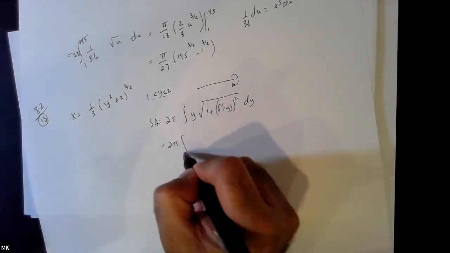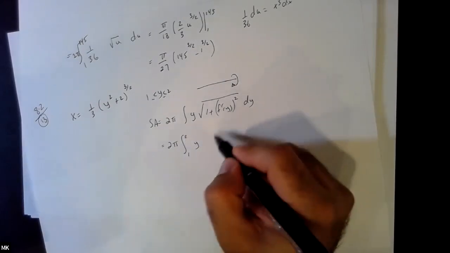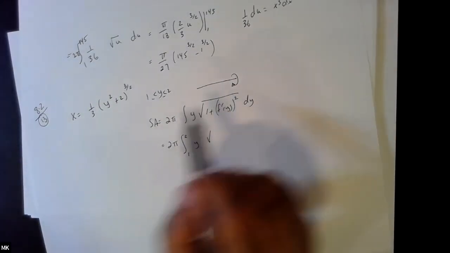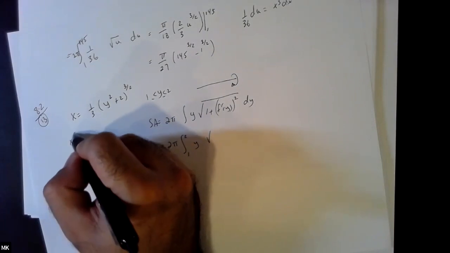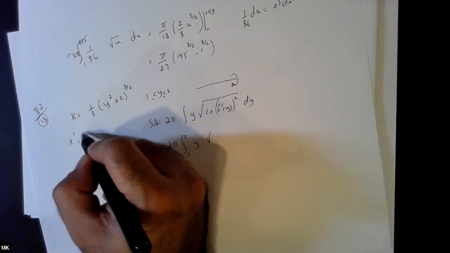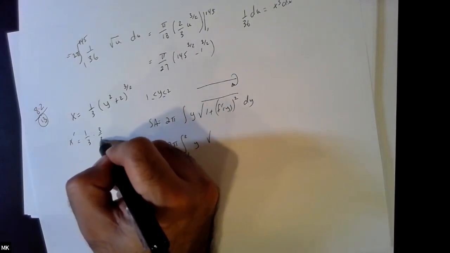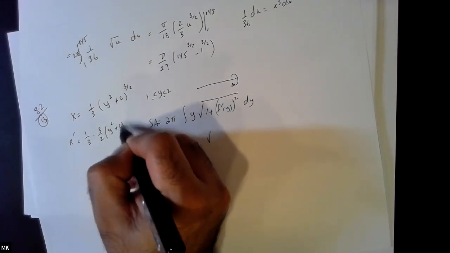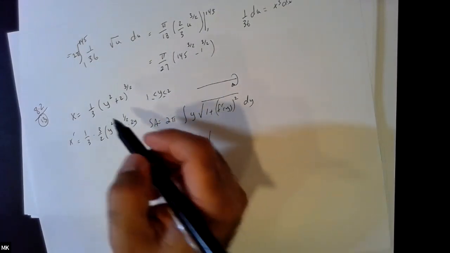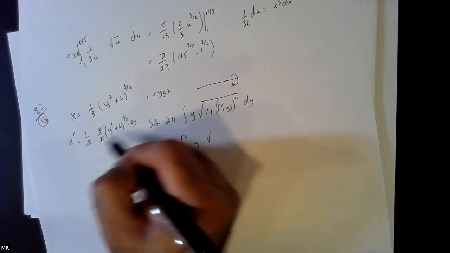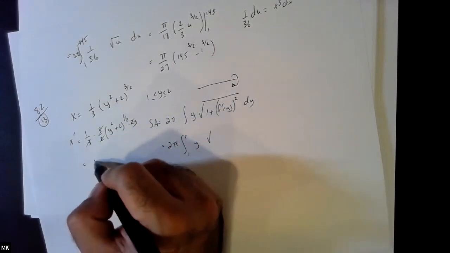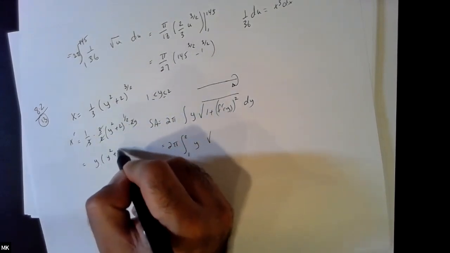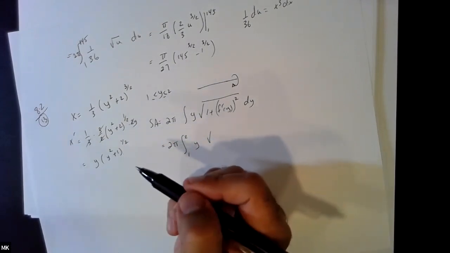2 pi y goes from 1 to 2. Now the derivative of this is 1/3 times 3/2, y squared plus 2 to the 1/2 power, times 2y. So the 3s and 2s cancel out. I get y squared plus 2 to the 1/2.